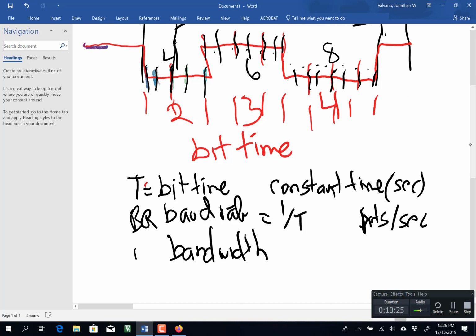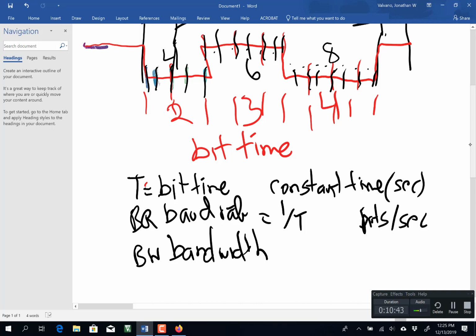And then the bandwidth has to do with the information data rate. The question I think you meant to ask was, what is the relationship between maximum possible bandwidth and baud rate?